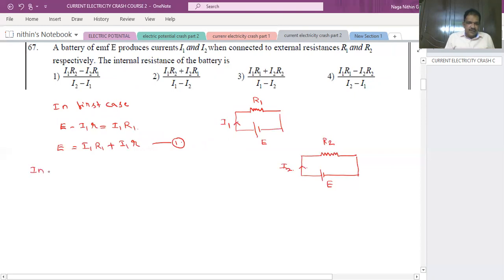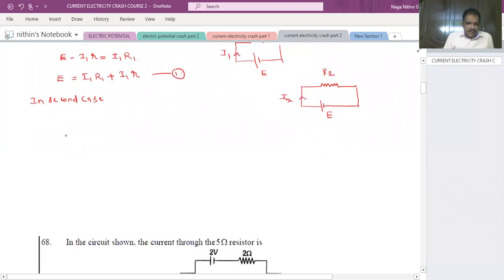Next, in the second case, we can write E minus I2 r is equal to I2 R2. E is equal to I2 R2 plus I2 r.